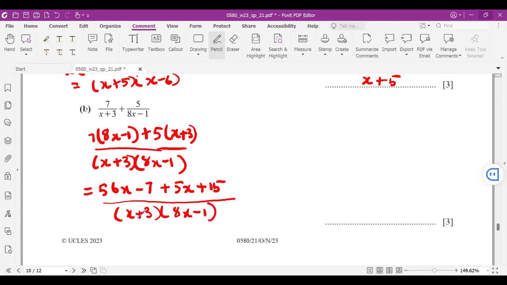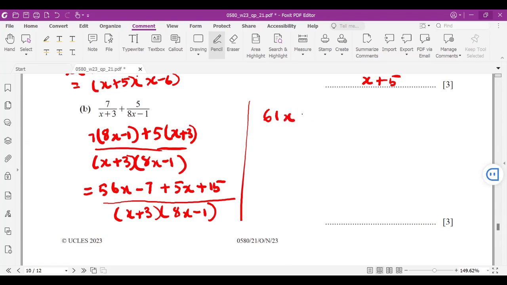We don't need to expand the denominator. So we have 56x plus 5x will give us 61x.